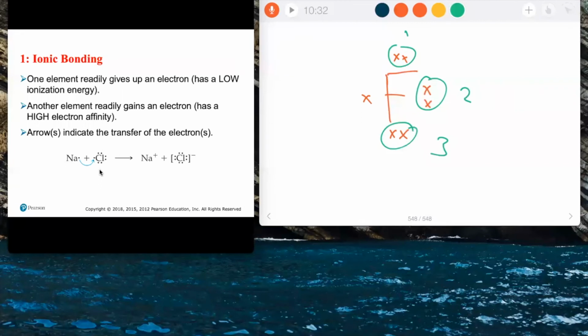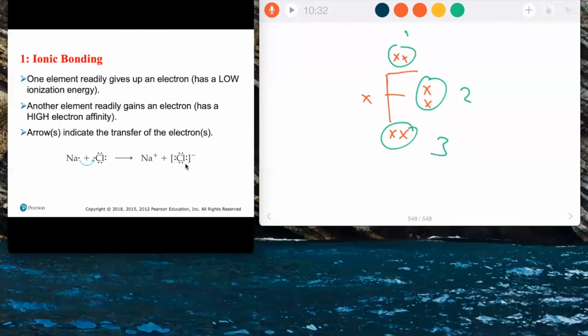In ionic bonding, there is transfer of electrons from a metal to a non-metal. At the end of the day, both elements will have 8 electrons, which means the octet rule is obeyed.